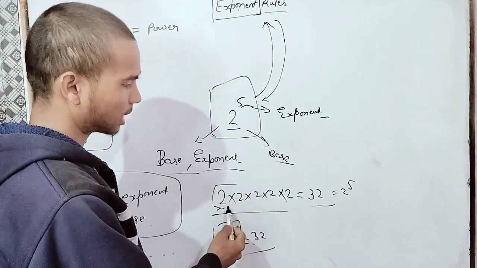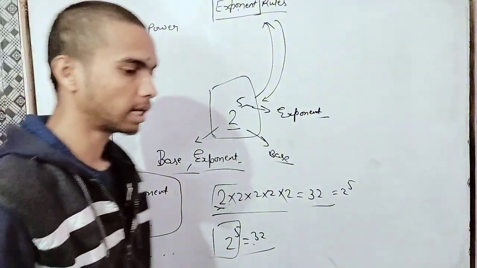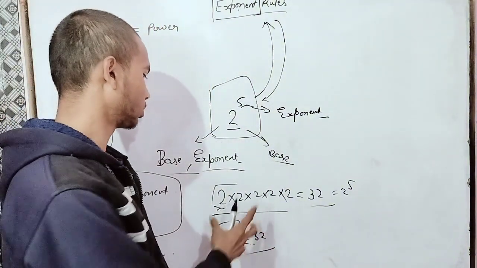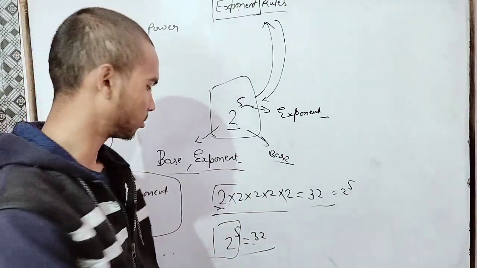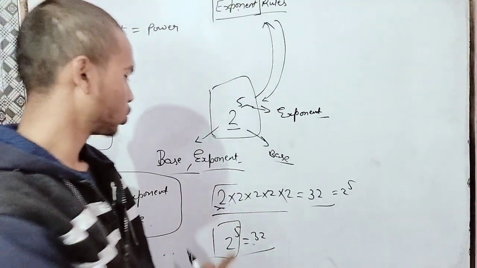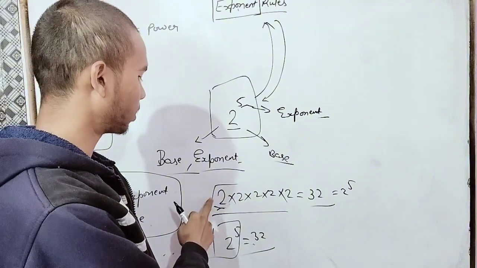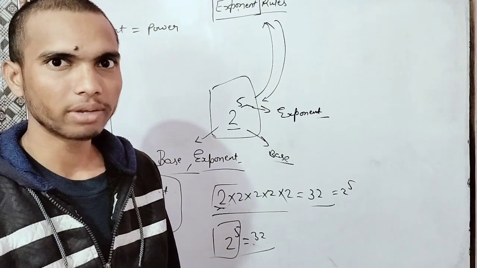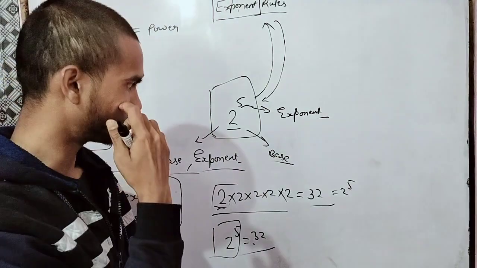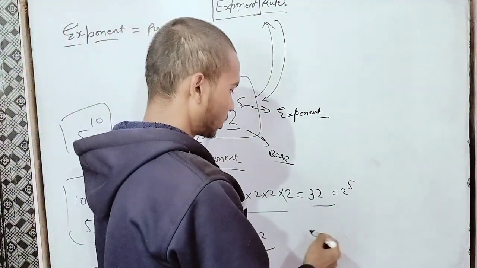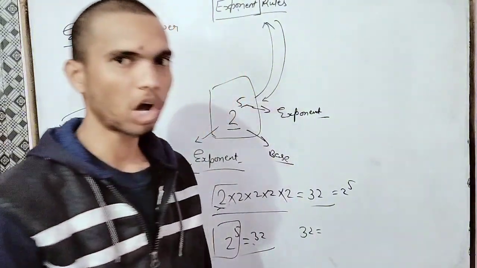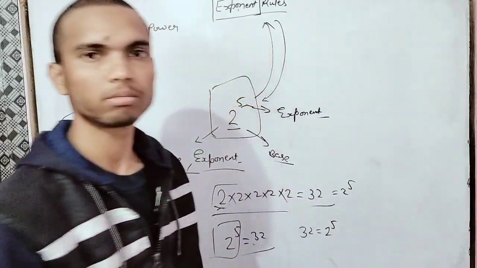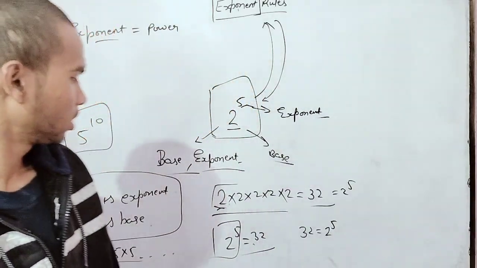Instead of writing a long string of digits, we can write it short. So the result of this and the result of this is the same. These are different ways to write it. Clear? So if someone asks you how 32 can be written in a different way, you can say 2 raised to the power 5. Clear?